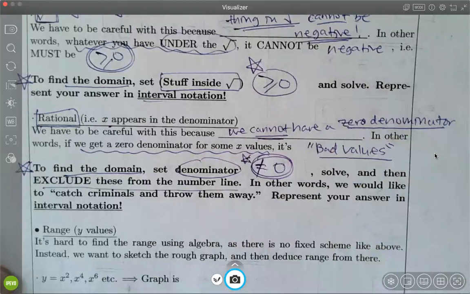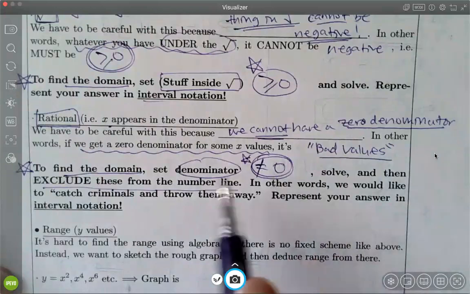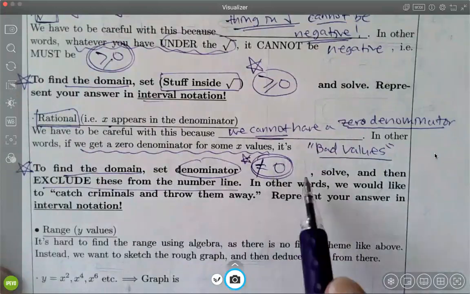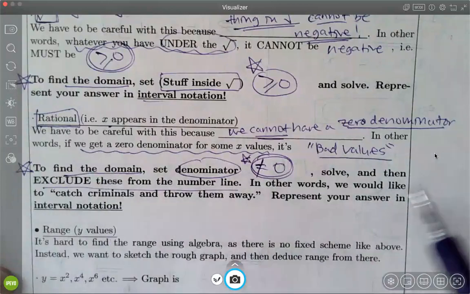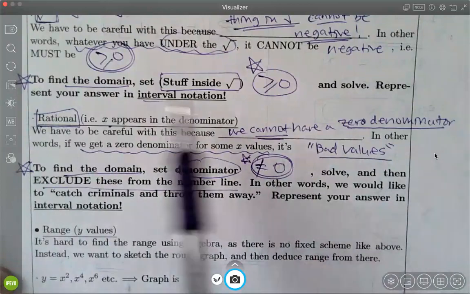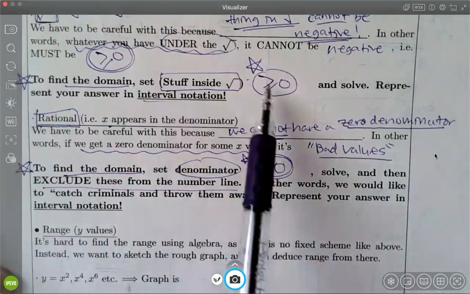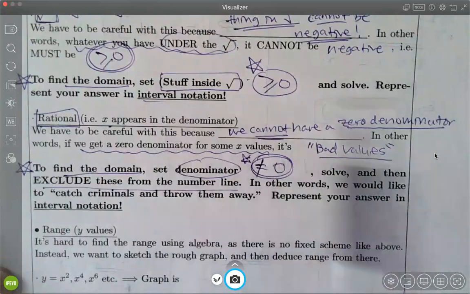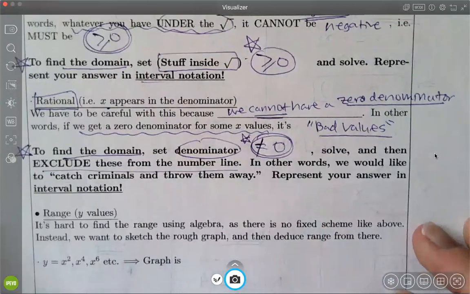The bottom can't be 0, but it could be 0 for some x values, so they're bad values. That is the setup. Set the bottom equal to 0 for the rational function, and then exclude them from the number line. For the square root, set what's inside the square root greater than or equal to 0. Those are the two special cases.